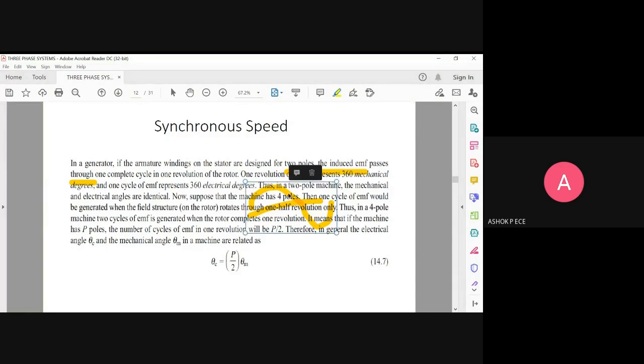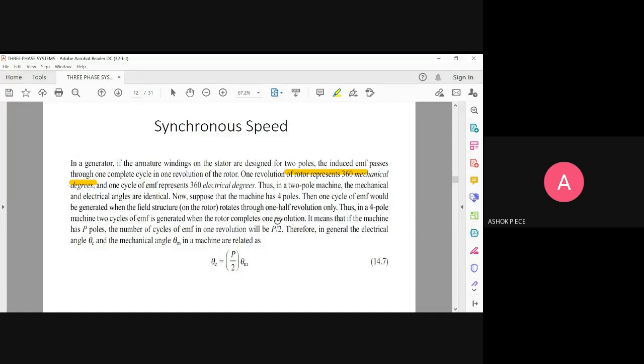So here we say that in a two pole system, both the mechanical degree and electrical degree are the same. Suppose the machine has four poles, then one cycle of EMF is generated when the field structure rotates through half a revolution only. So in a four pole machine, two cycles of EMF are generated when the rotor completes one revolution. It depends on the number of poles.